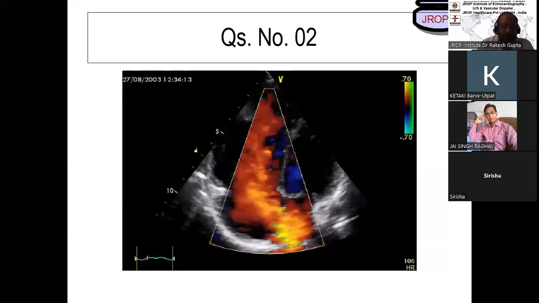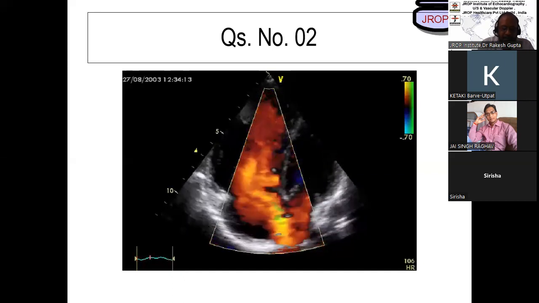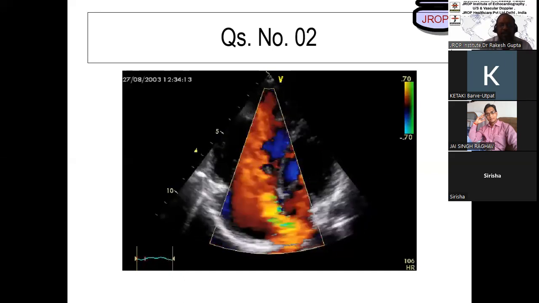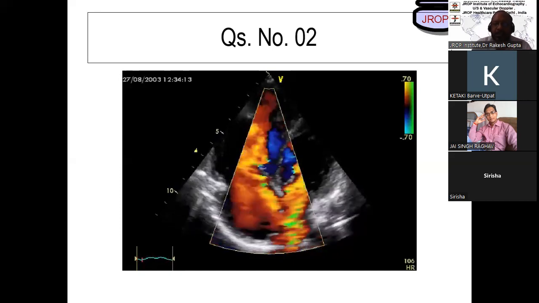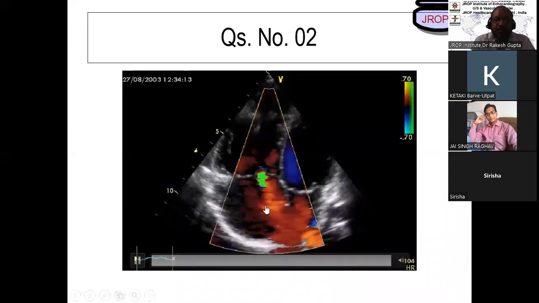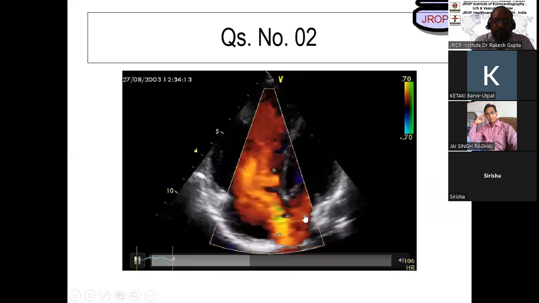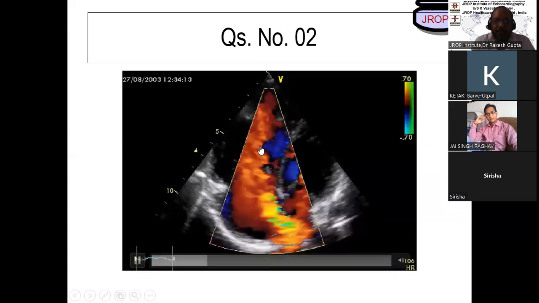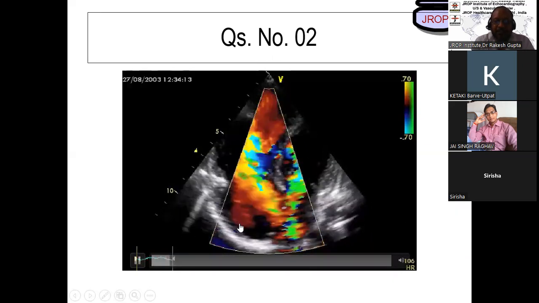And is it there over there? Yes, sir, it is there. So the take home message is if you have an ASD, you have to have an RA and RV which is dilated. Because if you can't see an RV which is dilated, obviously there's something wrong with the slide or the hole is very small. So very simple. This is a tricuspid regurg. This is a flow which is happening from LA to RA. And this is RV, this is RA, and this is LV, this is LA. And we have a dilated RV, RA.